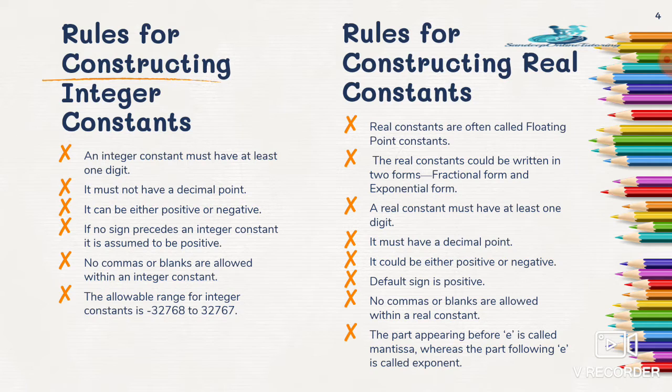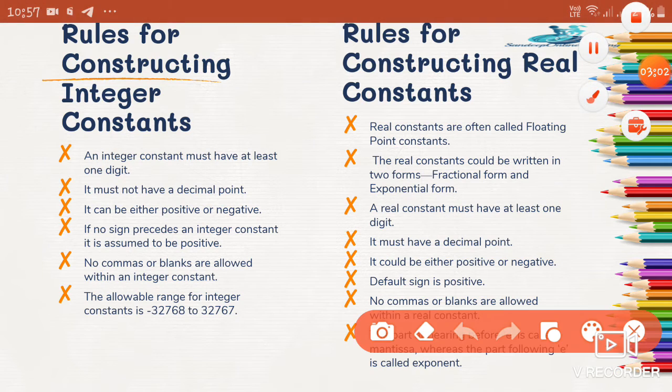There are some certain rules which are used to construct integer constants. An integer must have at least one digit, means we have to use one digit. 0 is 0, 1, 0, 2, 0, 3.